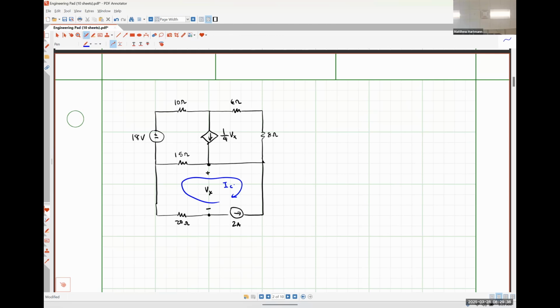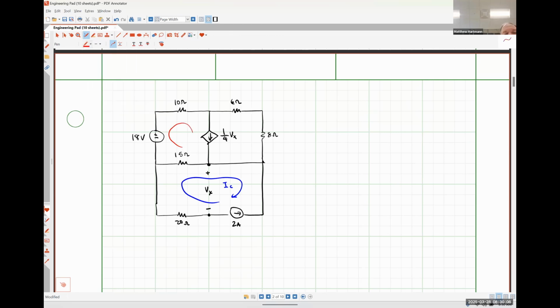If a current source is on the edge of the circuit, we will not have a super mesh; we will only have a current relationship equation. If a current source is on the interior, meaning it's shared by multiple meshes, we will have to do a KVL equation as well. I'll show what that KVL equation is going to look like in just a moment when I finish setting this guy up.